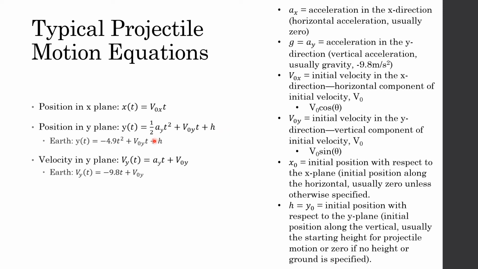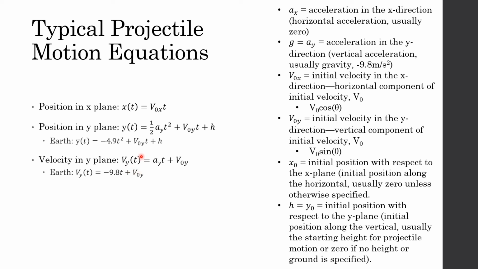But for position in the y-plane, typically Ay is going to be gravity, right? That's your acceleration in the vertical. V0y, we just went over on the previous slide how you calculate that when they give you the initial velocity. So V0y times t plus whatever your starting height is, your starting vertical position. Then last but not least, another really important one is velocity in the y-plane.